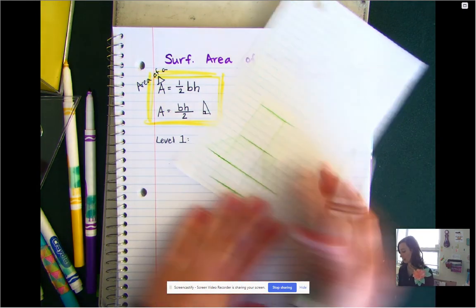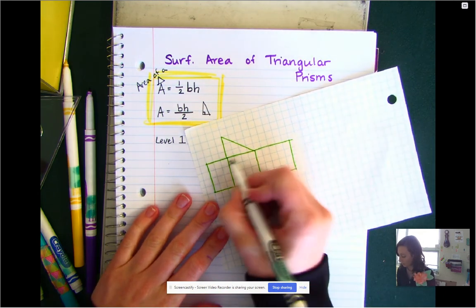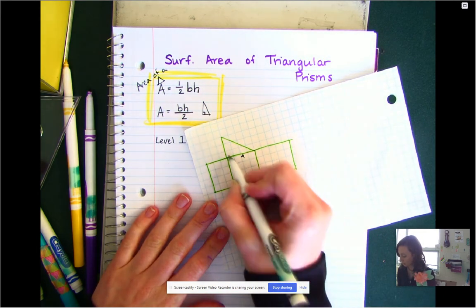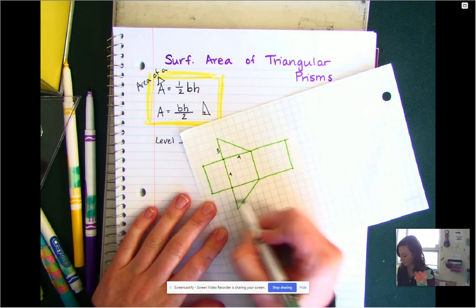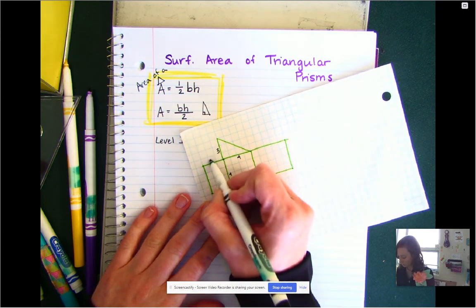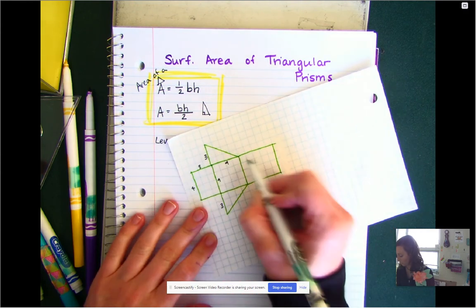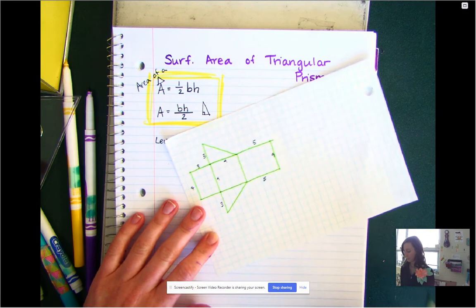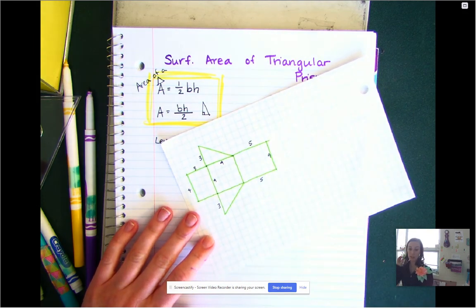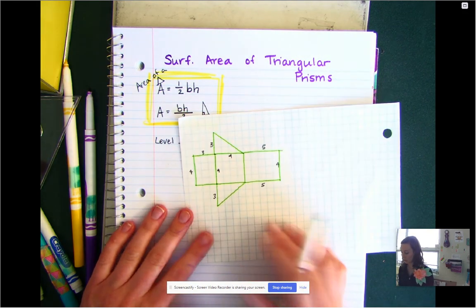So we have 4 squares here by 4. These are 3 each. So this is 3, 4, 5. Okay, we can start to figure out the area of each individual piece.